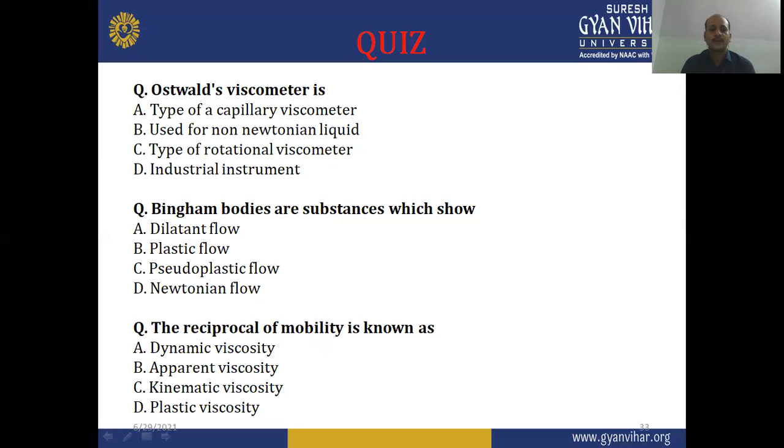So you have to pick the correct option for this question. The reciprocal of mobility is known as: A, dynamic viscosity; B, apparent viscosity; C, kinematic viscosity; and D, plastic viscosity. So you have to give the correct option for this question.